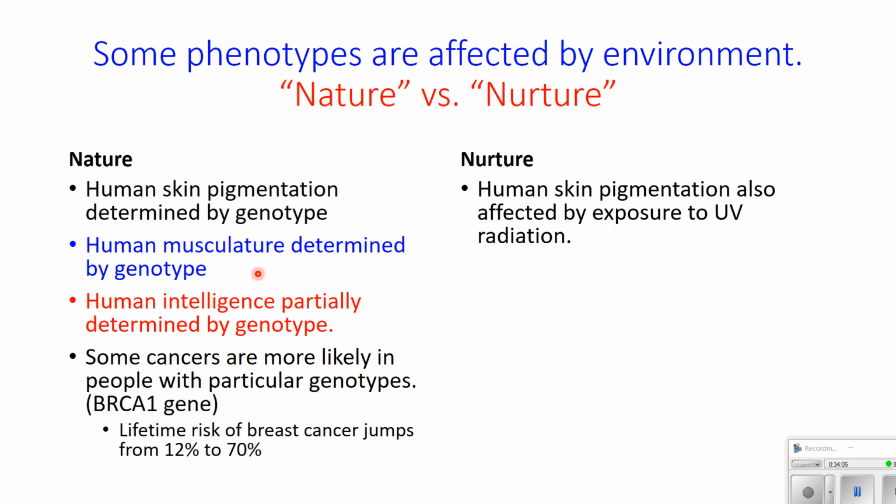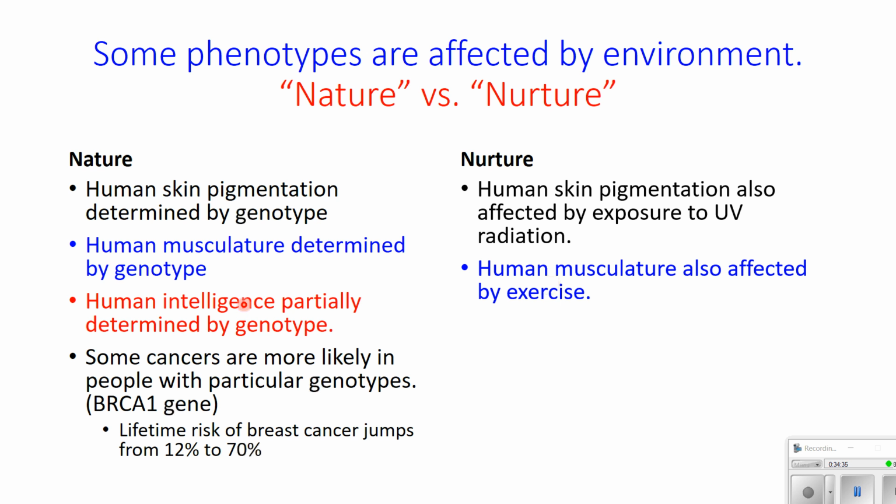Human musculature, how muscly you are, is of course partly determined by the genes that were passed down to you from your parents. But no matter what your genetic predisposition is, if you go to the gym frequently and you work out and you do it in the right way, you're going to build extra muscle. You're going to become more muscular. So again, that's partly genetic, partly affected by environment and experience.